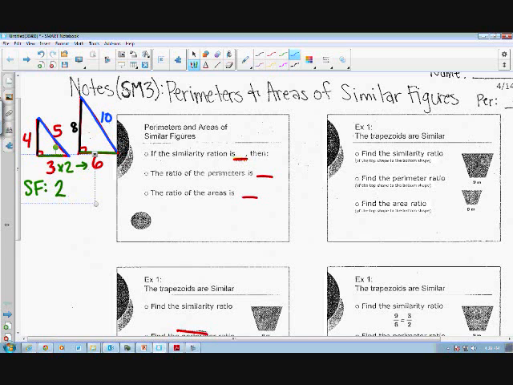Okay, so on the slide, let's go to the first bullet point. If the similarity, that's not supposed to be "ration," that's supposed to be "ratio," just cross out that n. If the similarity ratio is A over B, then the ratio of the perimeter is A over B, and the ratio of the area is, now think area, what do we usually use with area?